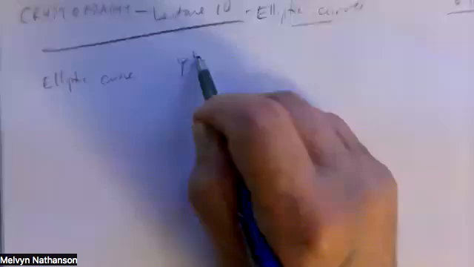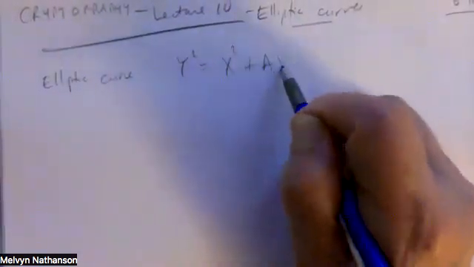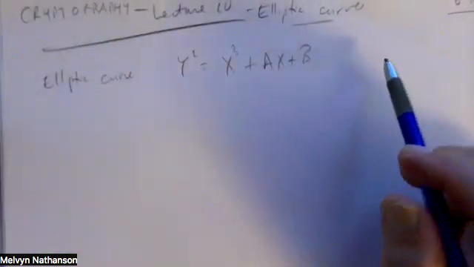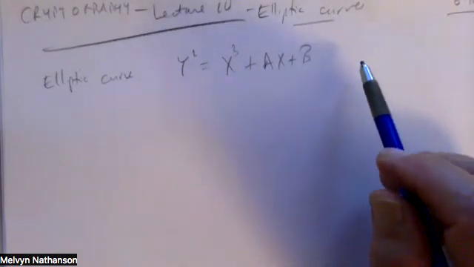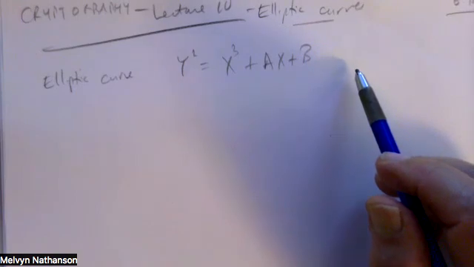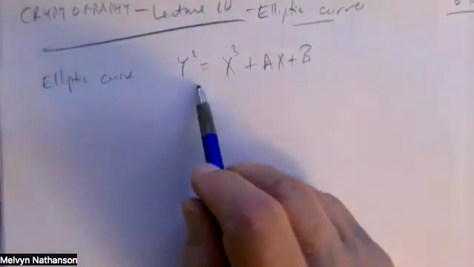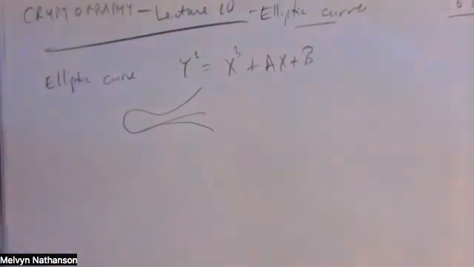So an elliptic curve is given by an equation of the form y squared equals x cubed plus ax plus b. And if you graph this curve in the plane, it typically has one of two shapes. In some cases, it has a shape that comes down and up and down, like that.